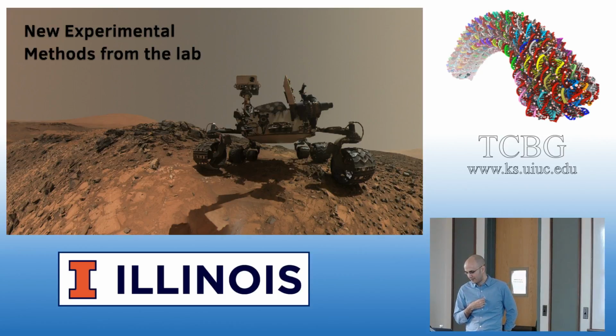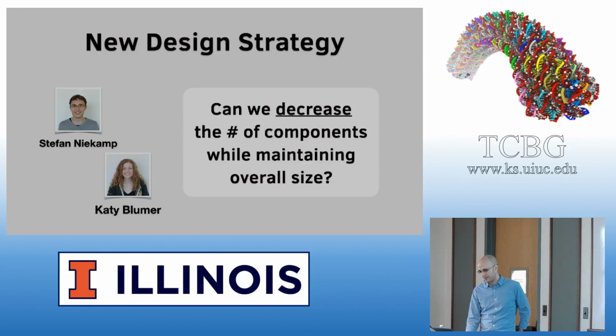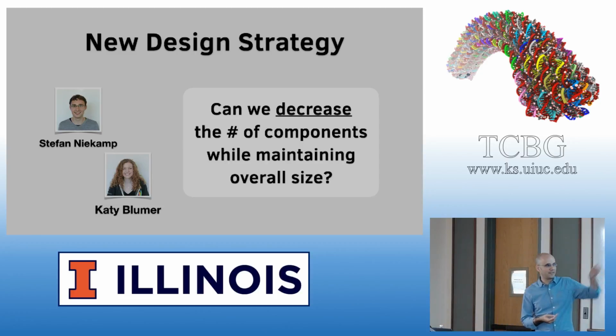Okay, and I'm just going to close with a few more slides left. I just want to advertise some new experimental methods that we've been working on. One that we did a couple of years ago was thinking about new design strategies. We were thinking about scaling up origami production. If we wanted to make grams or kilograms of these structures, we thought it might be useful if we could decrease the number of components.